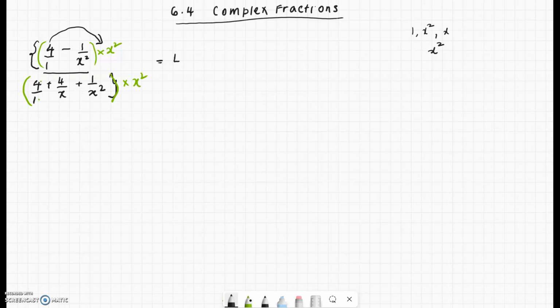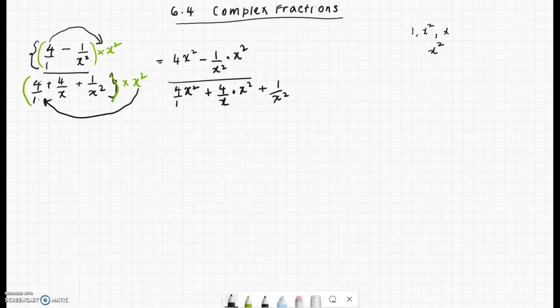So you have 4x squared minus 1 over x squared times x squared, the whole divided by 4 over 1. It really doesn't matter, the 1, x squared, because you're multiplying, plus 4 over x times x squared plus 1 over x squared times x squared.